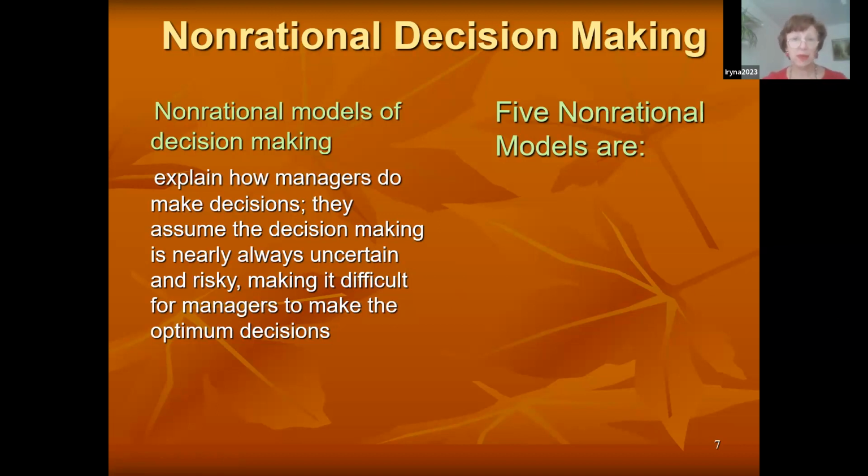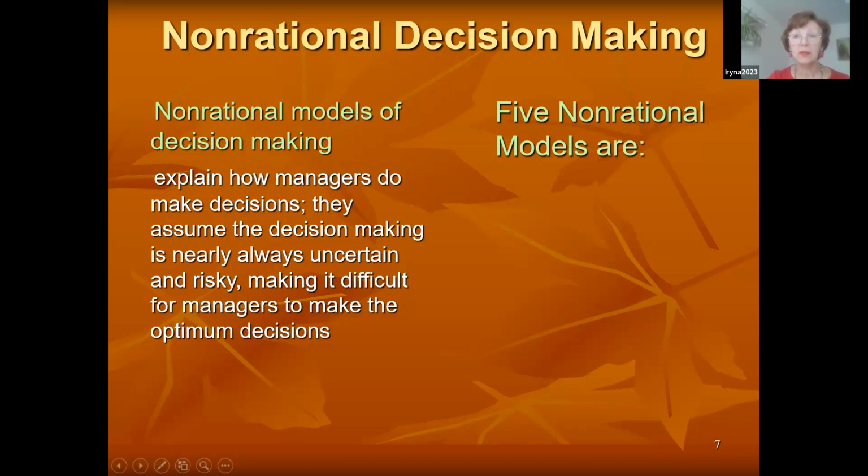They are describing. So these models actually describe how decisions are actually made, and the decision-making situation is seen as uncertain. Decisions are made under the conditions of risks, and because of this, it's difficult for managers to make optimum decisions.